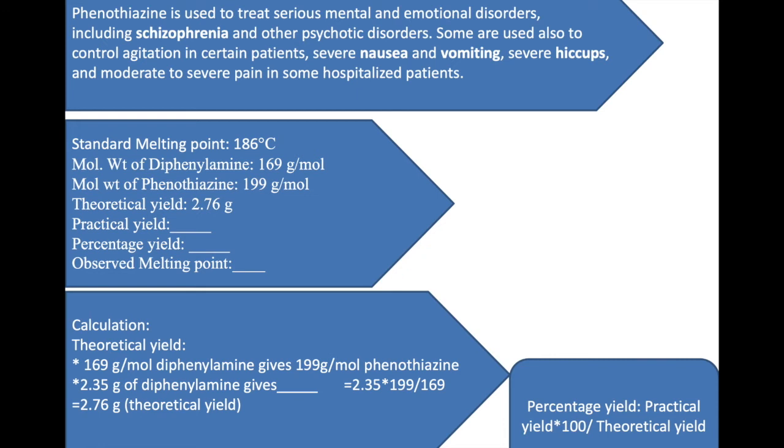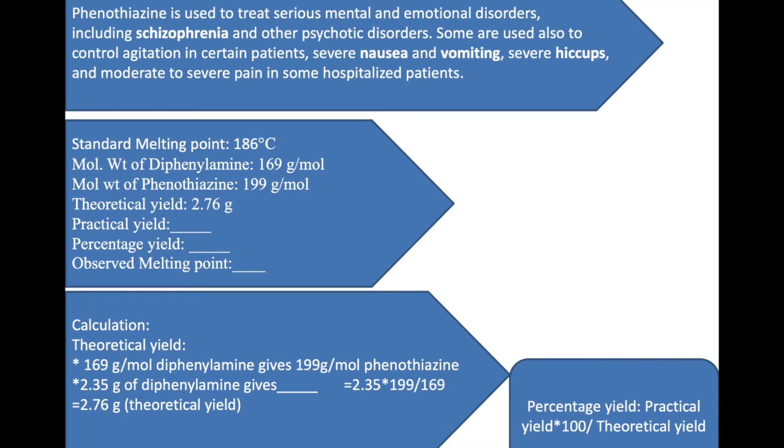Now practically, it is not possible to get 100% yield because of so many losses during practicals. So what we actually get at the end of the synthesis is our practical yield, and we compare it with the standard. The standard value, 2.76 gram, is our theoretical yield.